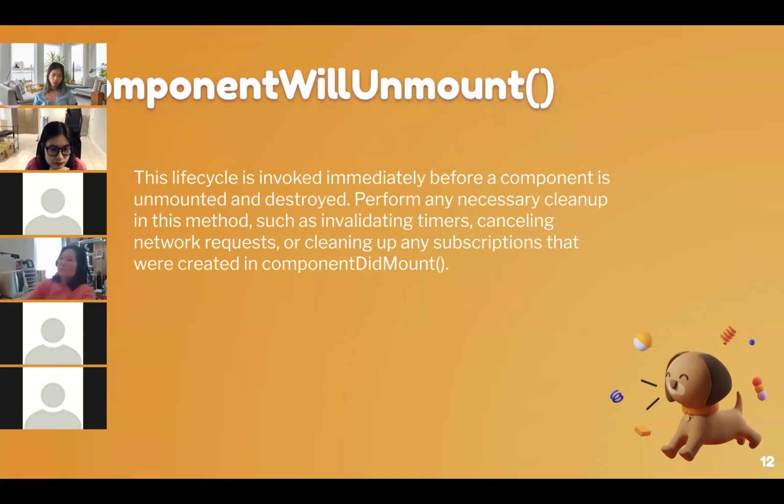For example, you have a setTimeout or setInterval running, because this function will not get killed when you leave the component. So this is really useful to make sure you don't run that behind the scenes, because it can crash your application.